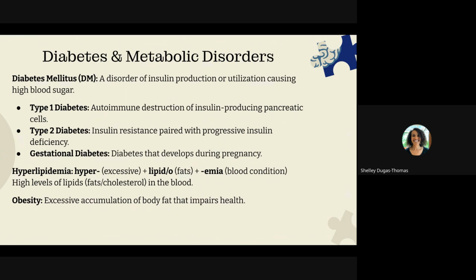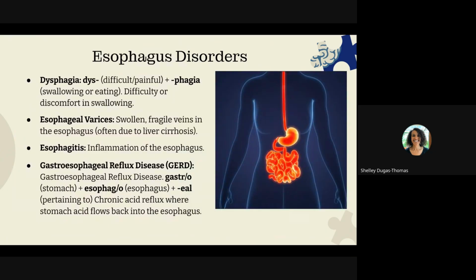So, diabetes mellitus involves altered insulin pathways. Looking at hyperlipidemia, you have hyper, excessive, plus lipid, fats, and emia, which is a blood condition: high fats in the blood. Dysphagia involves dys, which is difficult or painful or bad, plus phagia, swallowing or eating.